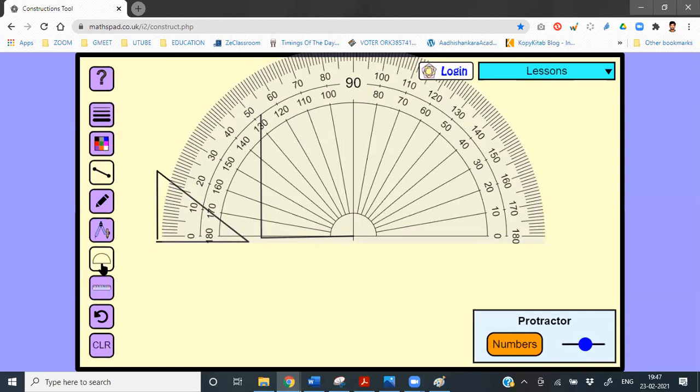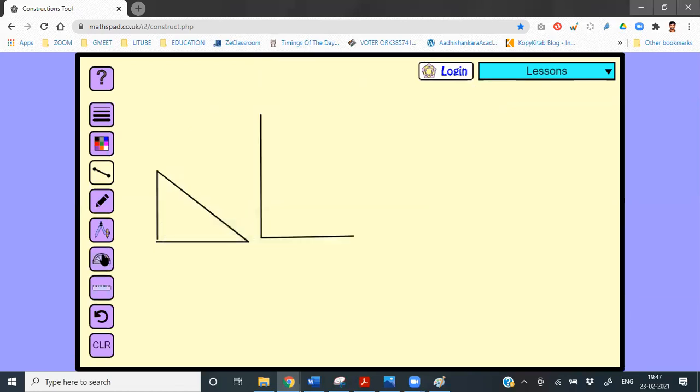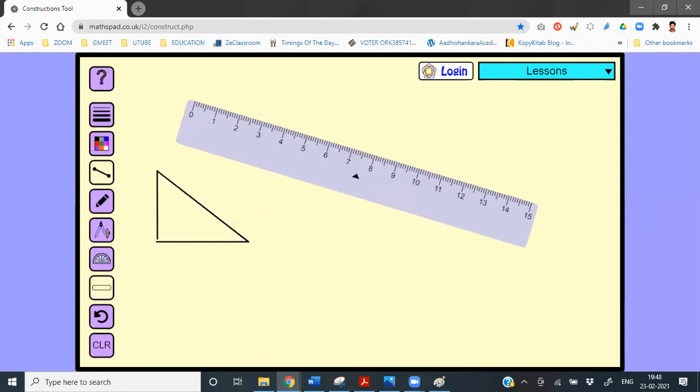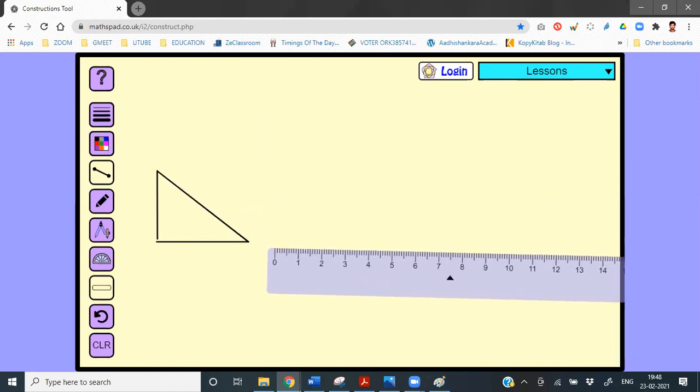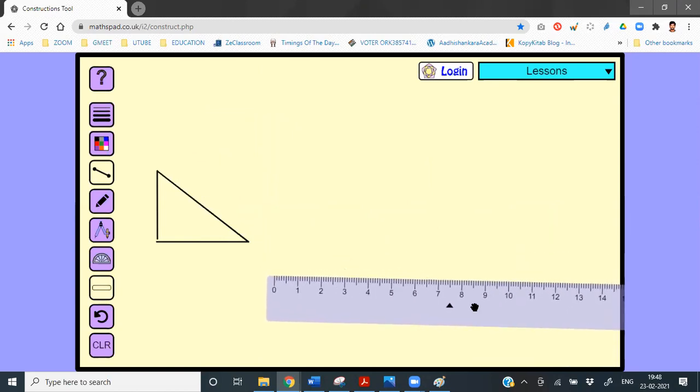I'll tell you one more thing, students. This scenario I'll delete. Instead, I'll make a different triangle, because I need more. So guys, see that this is considered 5 centimeter.